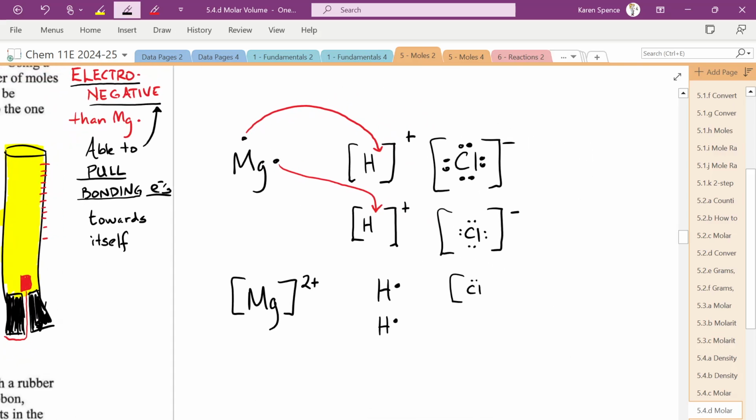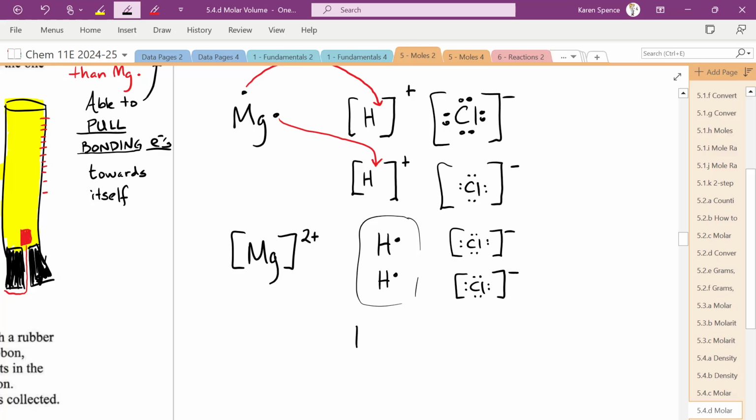Are these 2 hydrogens going to sit there with their unpaired electrons? No. They're going to get together and share those electrons between them.